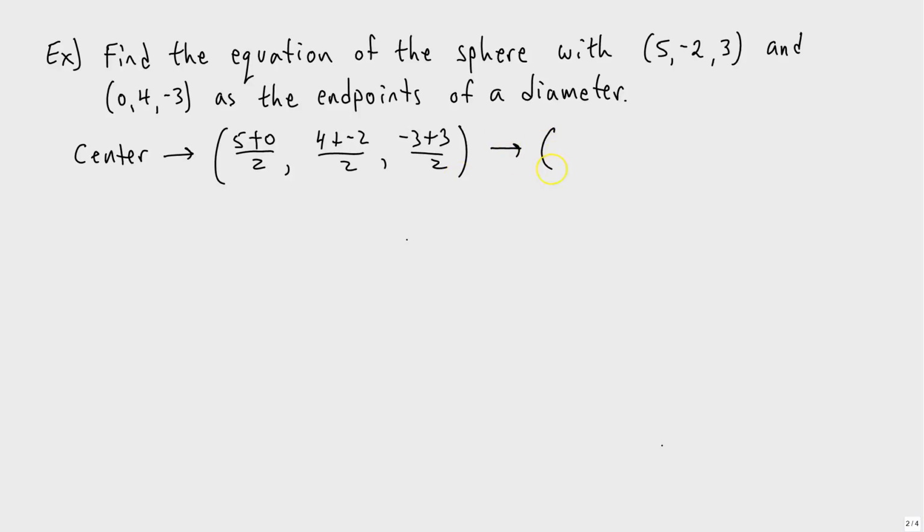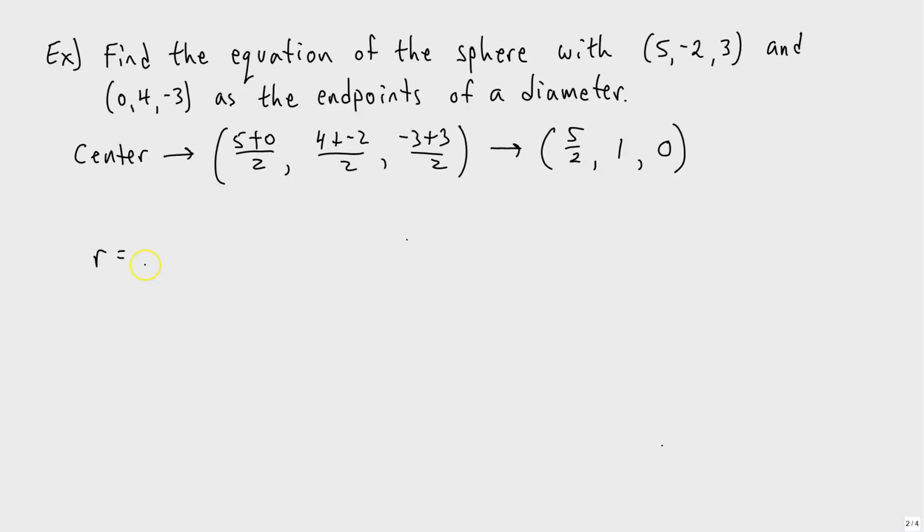And let's see what we get. We get 5 halves, and 2 divided by 2 is 1, and 0. So 5 halves, 1, 0. And the radius would be the distance from the center to one of the endpoints.